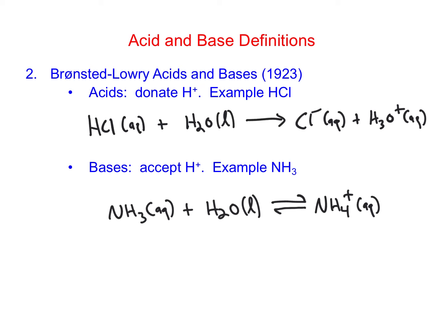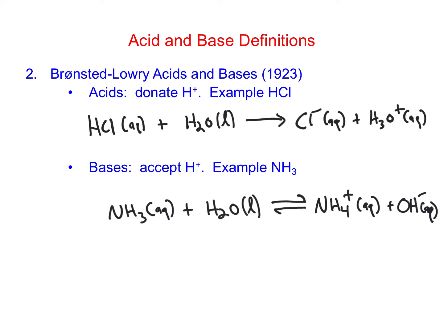And then when the water loses an H plus, it's going to have OH left behind. But because it lost the positive charge as well as the hydrogen, it's going to become OH minus. And so in this case, ammonia is acting like a base because it accepted the proton from the water molecule.